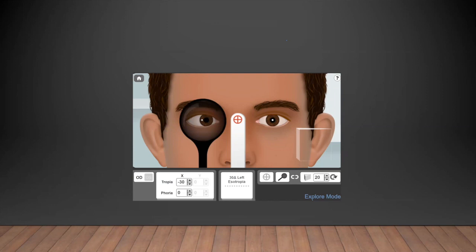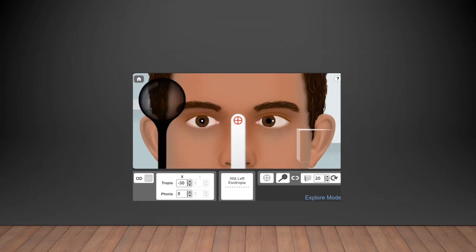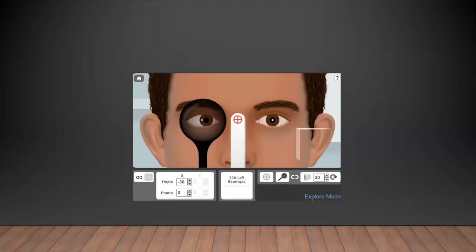That means the left eye takes up fixation. And when I remove the cover, the right eye takes fixation again when both the eyes are given a chance to view together. So this would mean this is a manifest squint or a tropia of the left eye, that you are seeing a movement in the opposite eye.